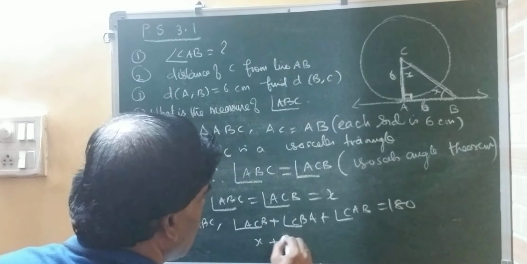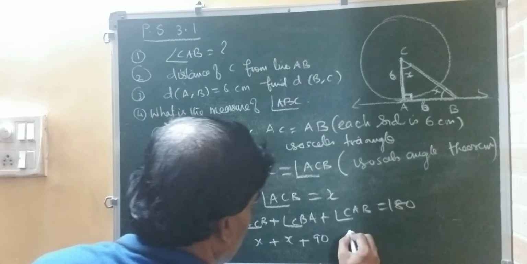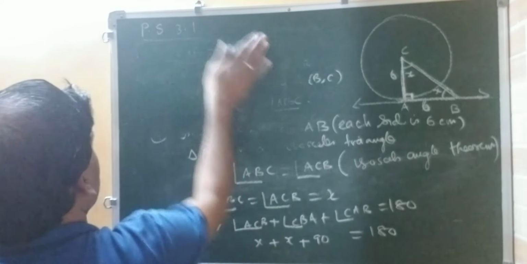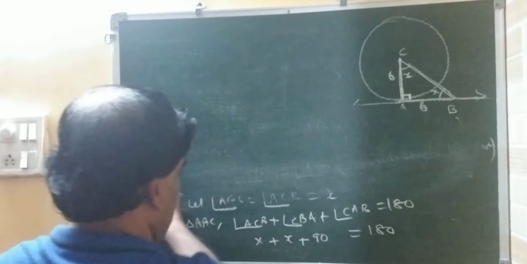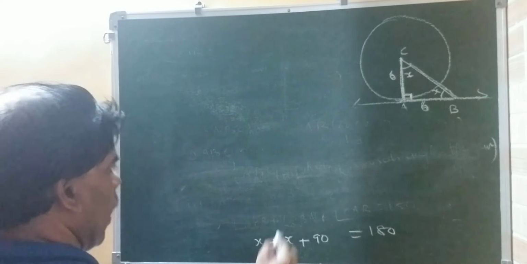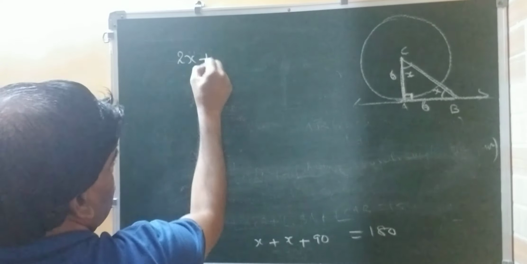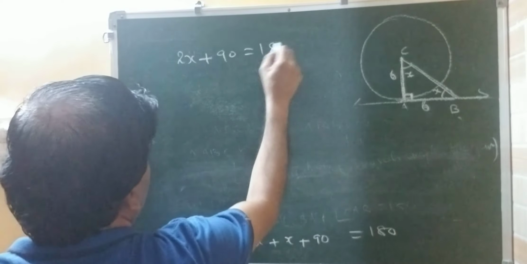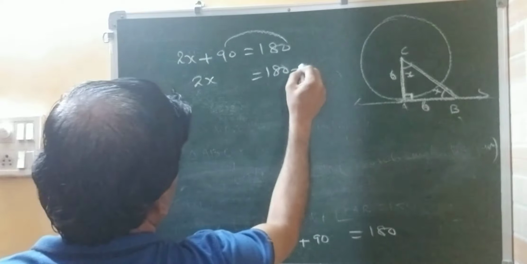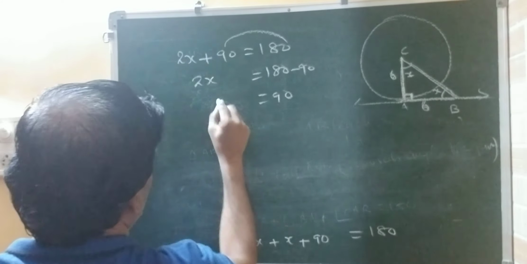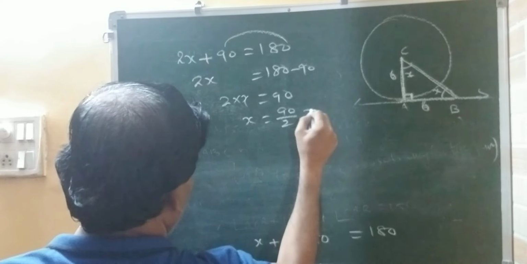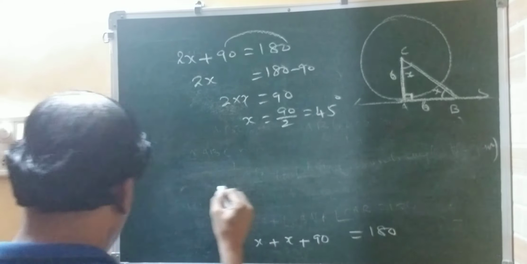So x plus x, 2x, plus 90 degree equal to 180. Therefore, 2x equal to 180 minus 90 equal to 90. So x equal to 90 upon 2 equal to 45 degree.